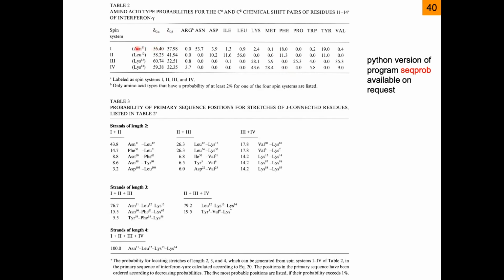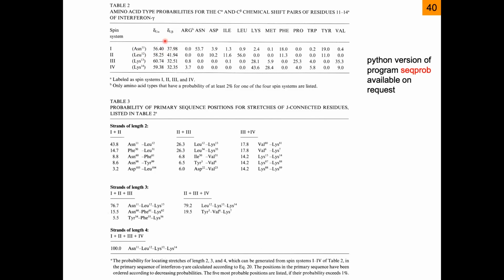And in reality, in the end, the sequence was from asparagine 11 to lysine 14. Now, I take stretches of length 2. Let's say I take the C alpha and C beta shift of asparagine 11 and leucine 12, just these 4 numbers, and shift through the primary sequence and see how it would match. I can calculate a probability of this match.